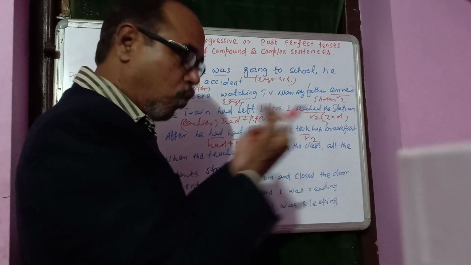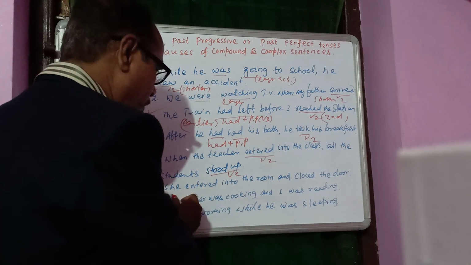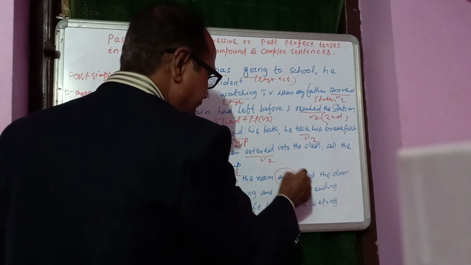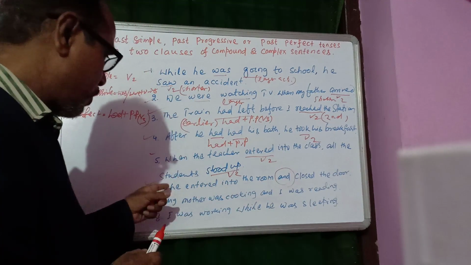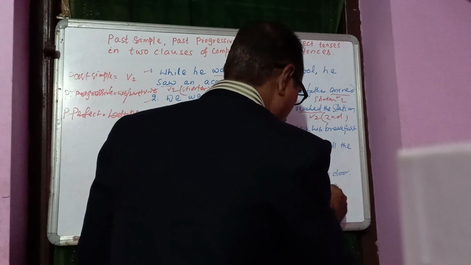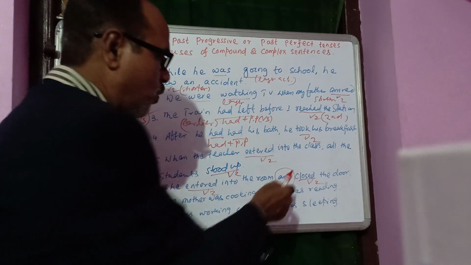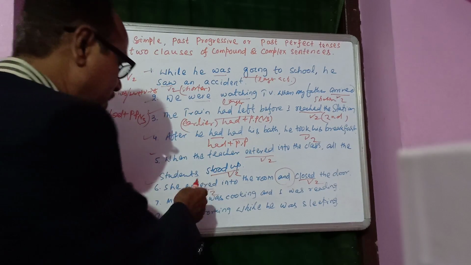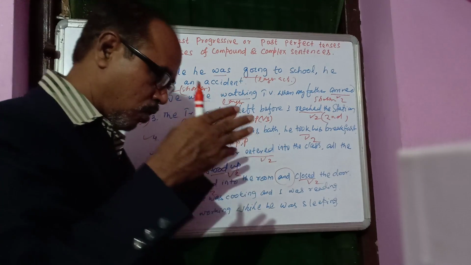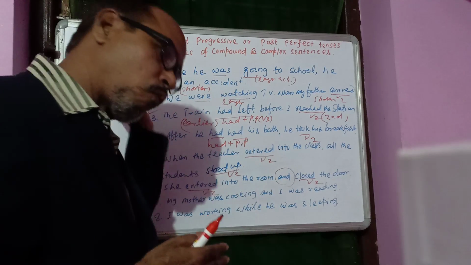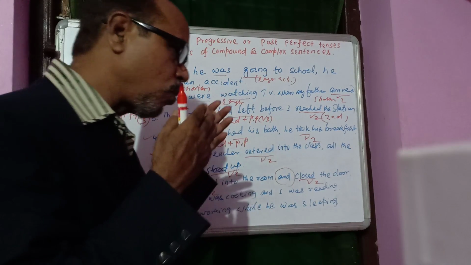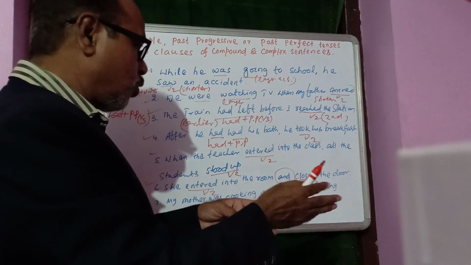This is a main clause, an independent clause, and "and" is the coordinating conjunction. This is a compound sentence, and "and" is the coordinator. You see, entered is V2, and closed is V2. In the other clause, the verb also takes the past simple form. Why does this happen? Though both actions or events happened earlier, they happened immediately, at approximately the same time, one followed by another. She entered the room and closed the door.